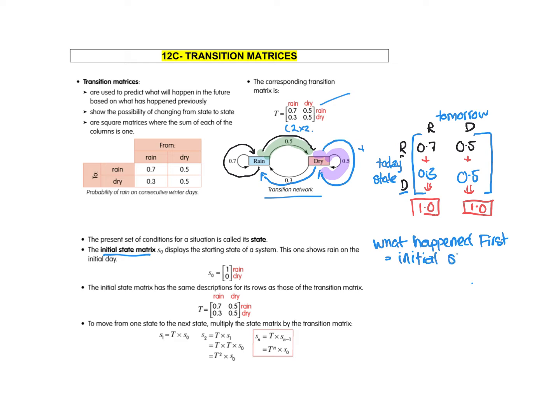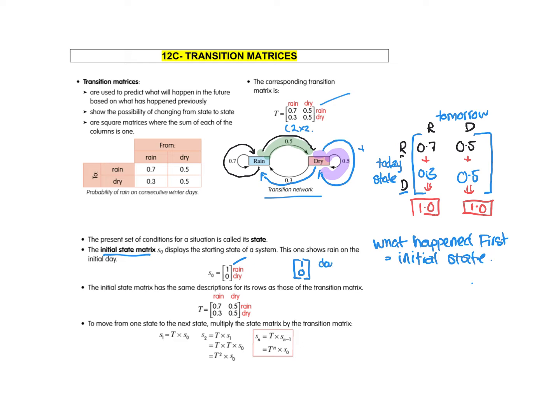In this scenario, they said that on the first day they decided to start predicting, it actually rained. So the chance of it raining is 1 because it actually rained, and the chance of it being dry is 0. Then we can use this transition to predict what our chances would be on the next day.